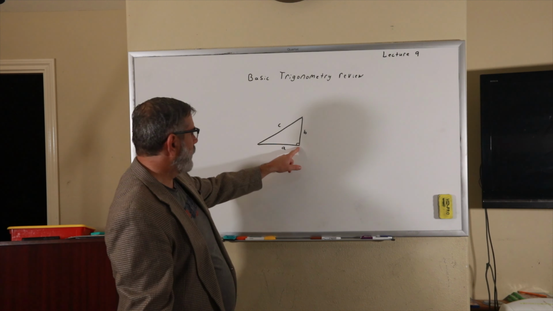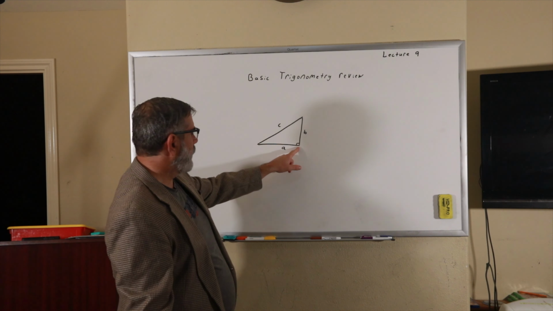That means that if I have a square of side length A, and another square of side length B, this is a tough one to draw, then the sum of the areas of those squares is equal to the area of the square on the longest side, which is always directly across from the right angle. So this is Pythagoras's theorem: a squared plus b squared equals c squared.